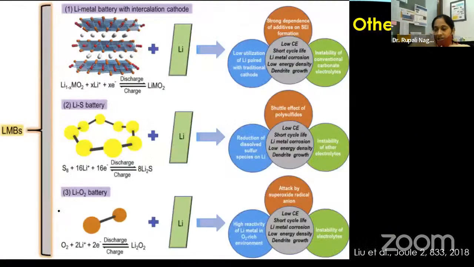Then what are the other variants that are being researched these days? So, I have talked about the lithium metal battery. What actually happens over here is that whenever the cell is getting discharged, lithium ions move from the carbon composite, which is the anode, towards the cathode.